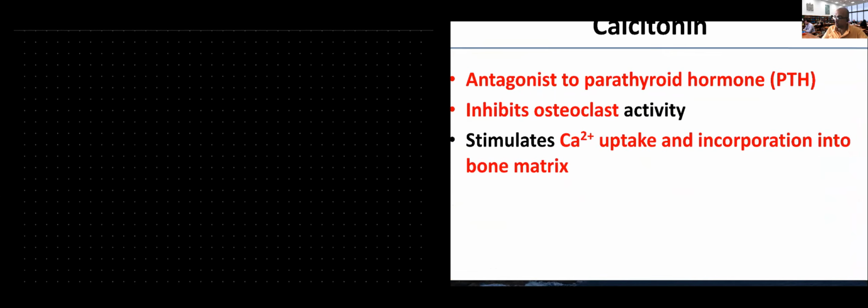And the calcitonin here is going to be responsible for reducing the blood calcium level. And this is going to be the antagonist action of the PTH. PTH is going to be responsible to increase the blood calcium levels.